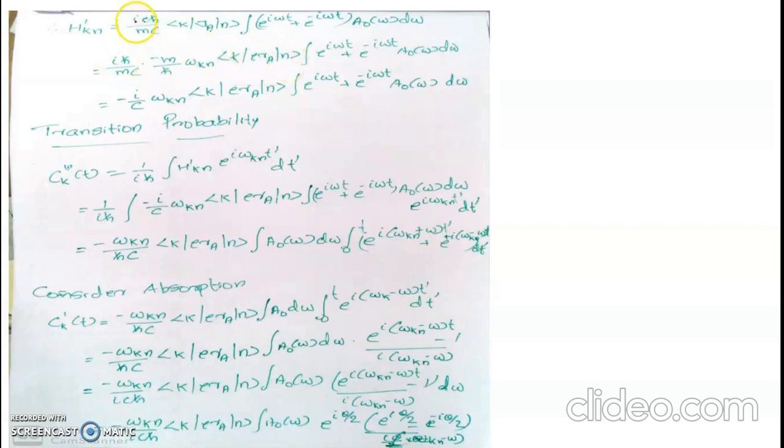So this is I H cross by MC, E is taken inside and this is replaced by means of minus m by h cross omega kn scalar product k E R A ket n. This is the result that we have found identical with this quantity scalar product k grad A ket n.